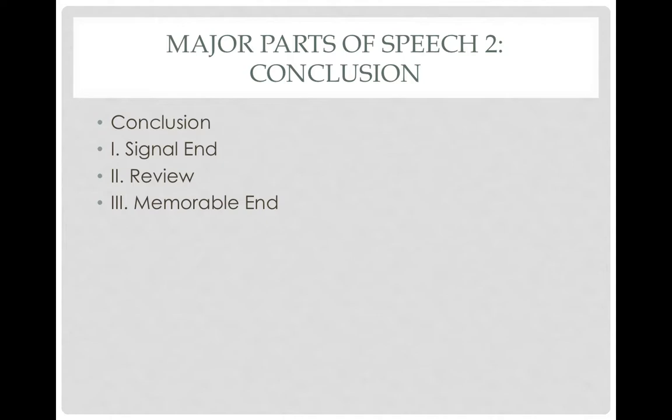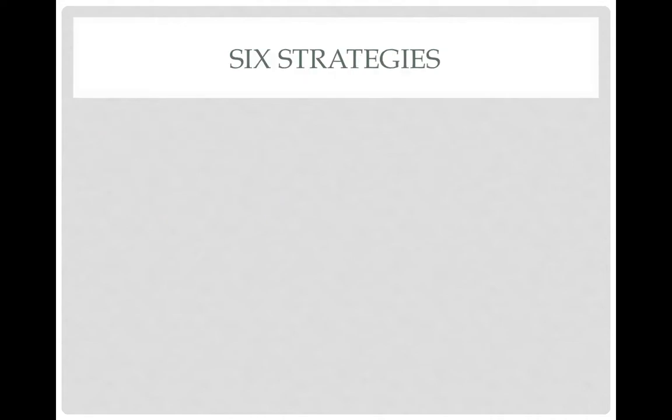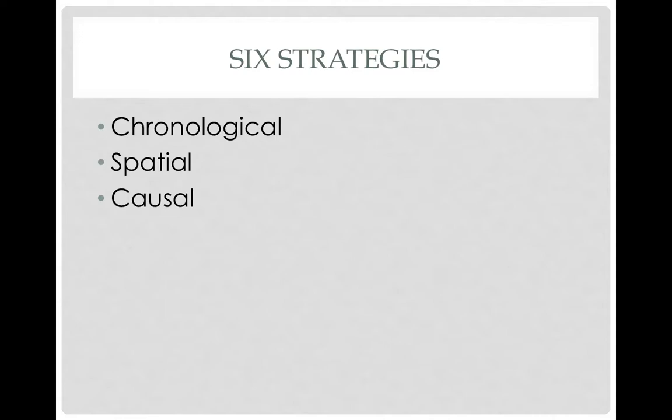Okay, so I want to talk now about some of the organizational strategies that you can use to organize the body of your speech. What I'm going to cover in this lecture are 6 strategies: chronological ordering, spatial ordering, causal ordering, problem solution ordering, which is actually one of the ones you cannot use for speech number 2.